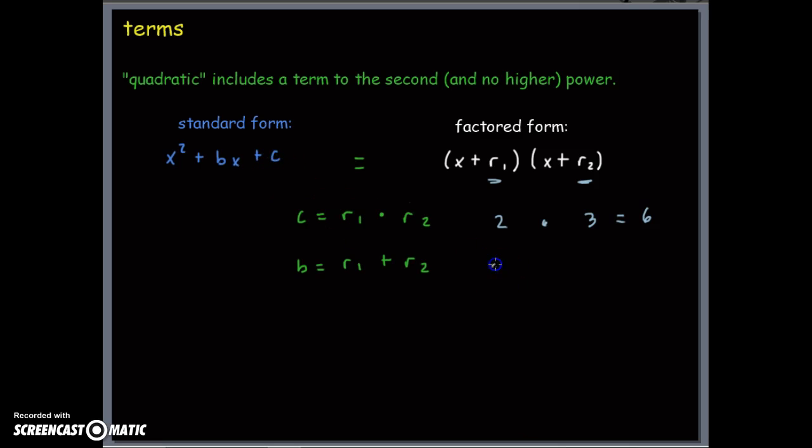And then when we add those same two factors together, they add up to what b is in standard form. And you're going to see that as we go through the examples today.